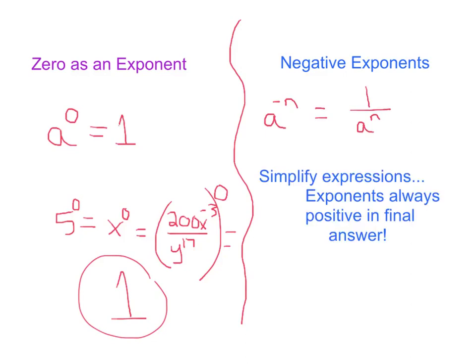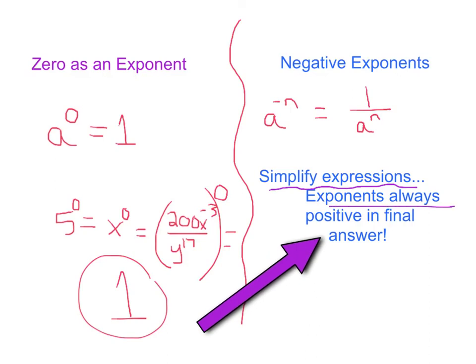Our goal today, when we're simplifying these expressions, is that our final answer must always have all positive exponents. No negative exponents in your final answer for today.